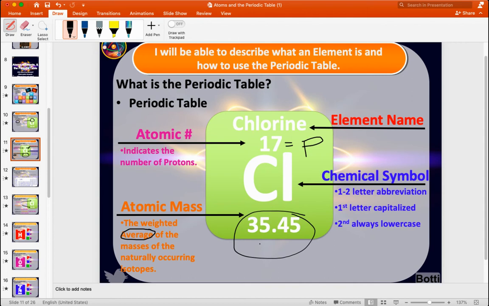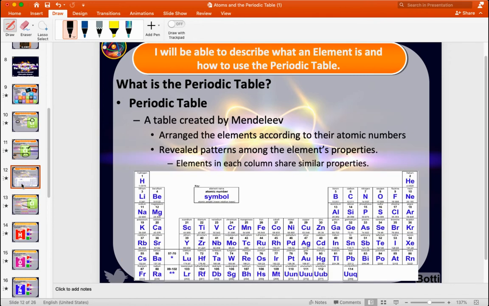So when we're calculating mass, we're looking for this decimal at the bottom, and it is the average number of protons and neutrons combined. Okay, so this is the periodic table. It is organized by our atomic number. We go straight across, and as we go across, we continue increasing and increasing. And we'll look at that in more detail later.